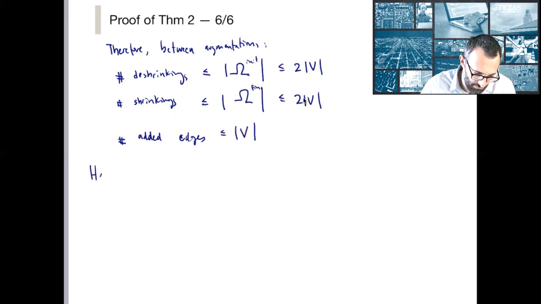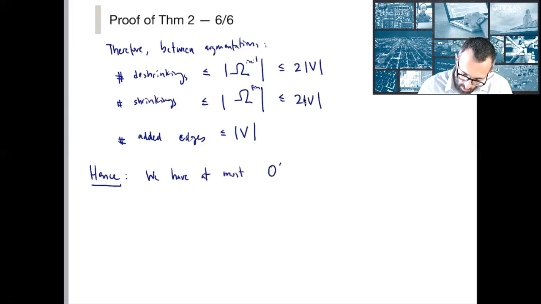Hence, putting everything together from this lecture and the previous lecture, we know, of course, just by counting the number of nodes, we have at most order V augmentations before we get to a perfect matching.